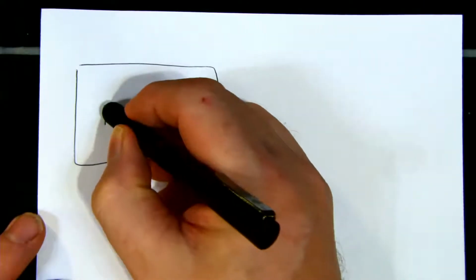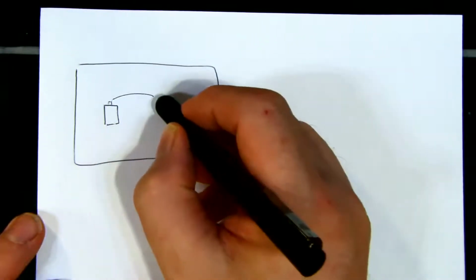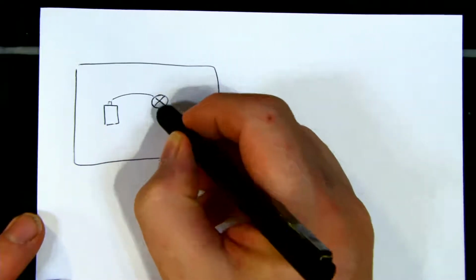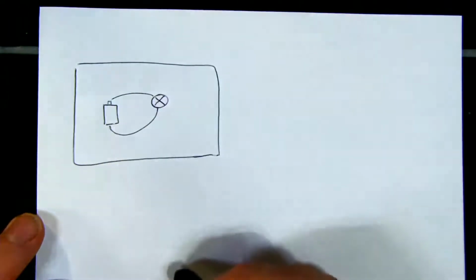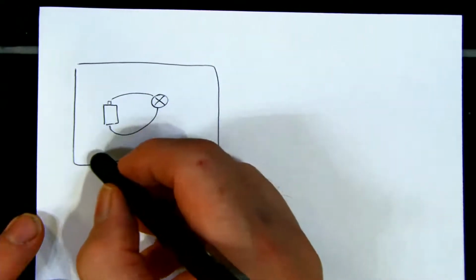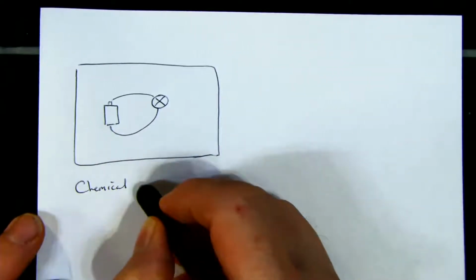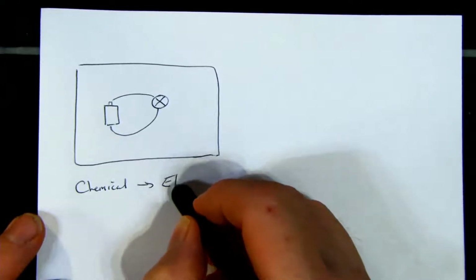So let's take a very simple system. I'm going to take a battery, connect this to a bulb and then back to my battery. I've got chemical energy that is going to be turned into electrical energy.